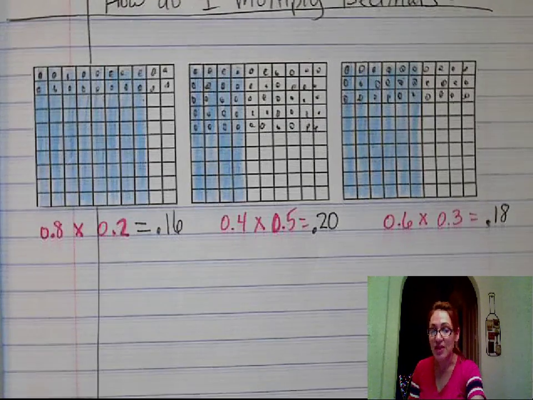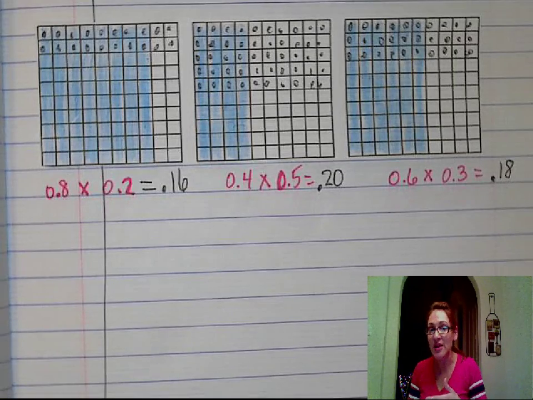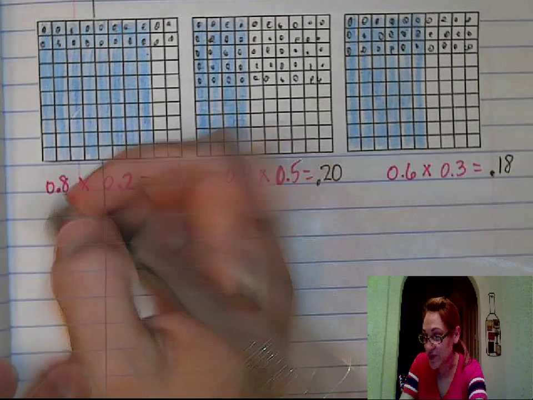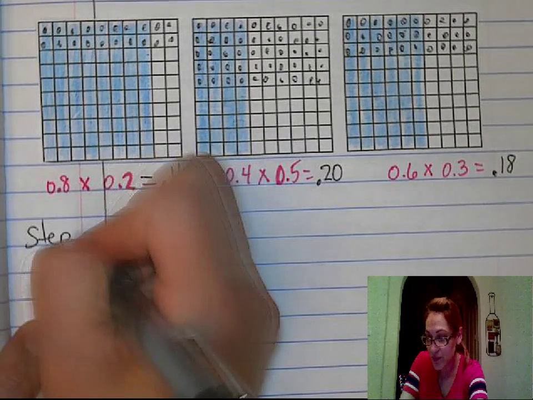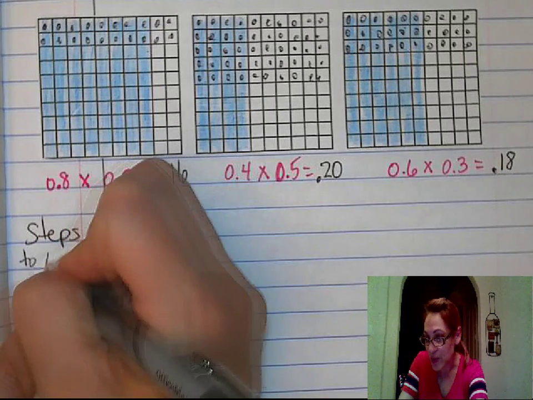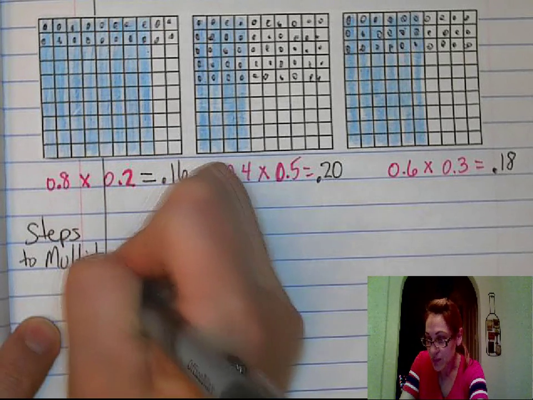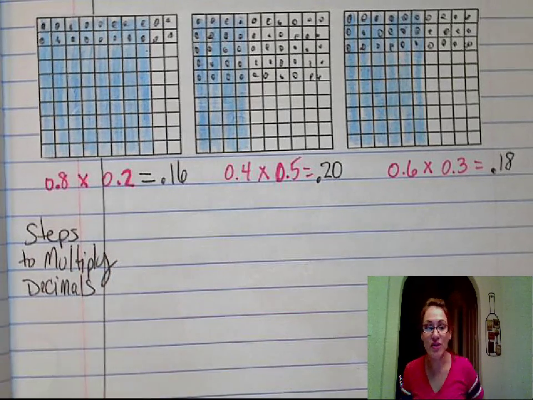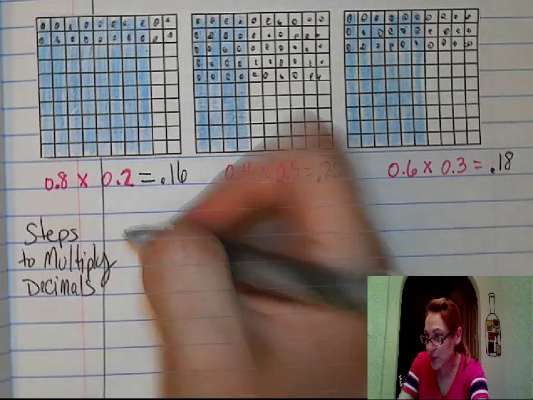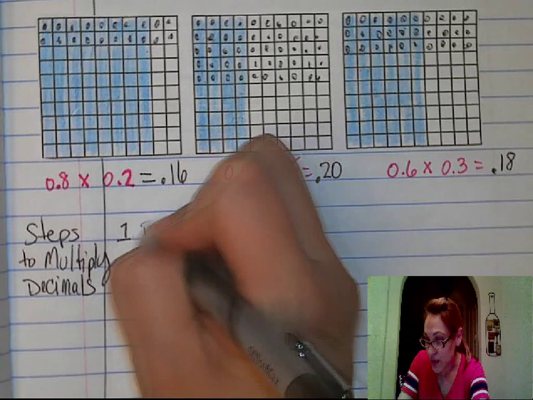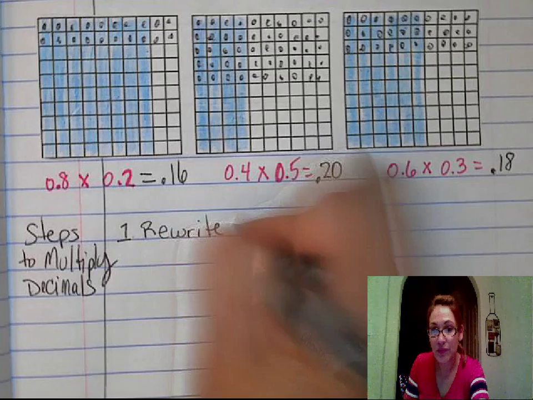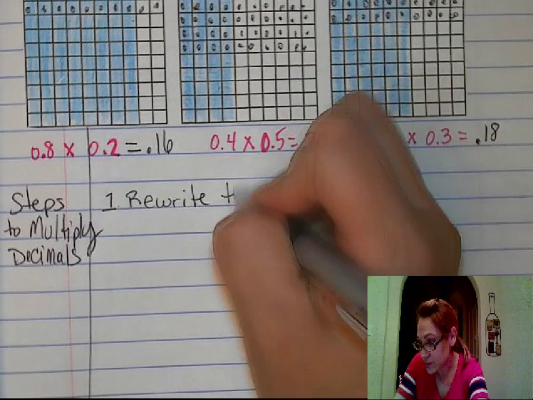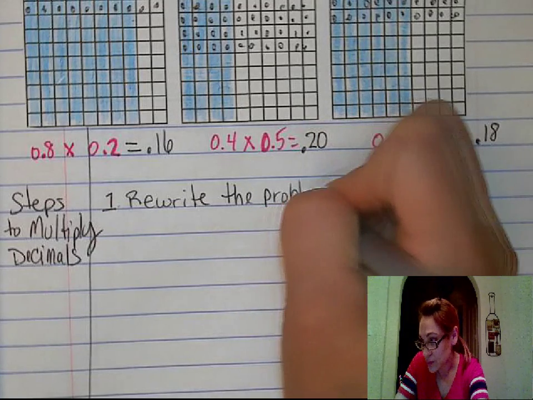Now let's take a look at how we would multiply decimals without the models. So I'm going to write off to the side over here, steps to multiply decimals. Alright, so steps to multiply decimals. So step 1, you're going to rewrite the problem vertically.